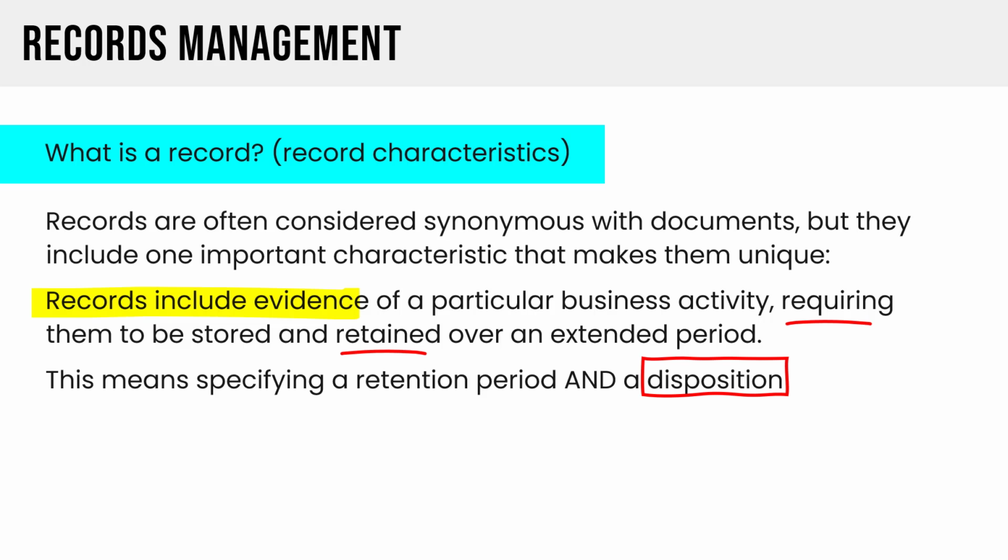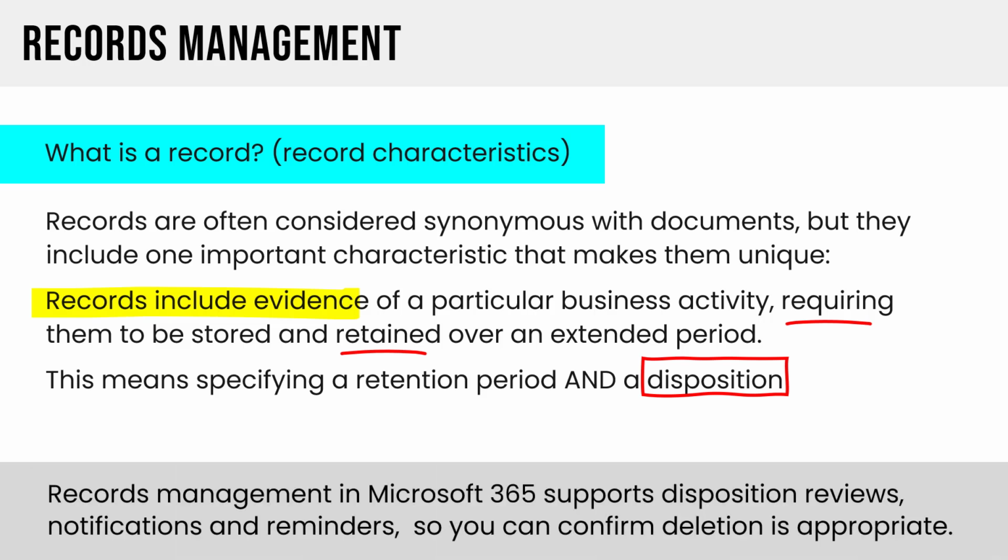Typically it's going to be a disposition review and then deletion, or maybe just deletion depending on the situation. But records management in Microsoft 365 supports disposition reviews, notifications, and reminders. So if we need somebody to look at information before it's deleted, we can set off that reminder and have the right qualified person review that information before disposing of it, just so we can confirm that deletion is appropriate and timely.